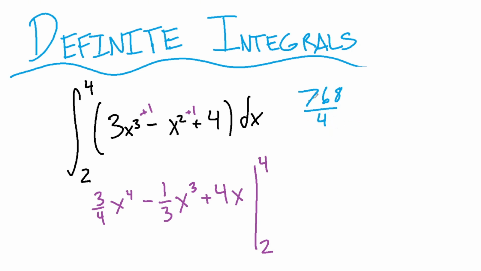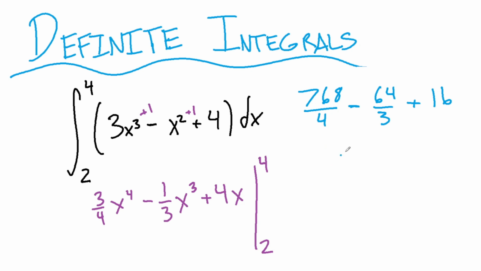Never simplify this, at least not yet. Now we plug in 4 to the power of 3. 4 times 4 is 16, so it should be 64 minus 64 over 3. And then finally we plug 4 in there, so we'll have plus 16. Just leave these fractions unsimplified.